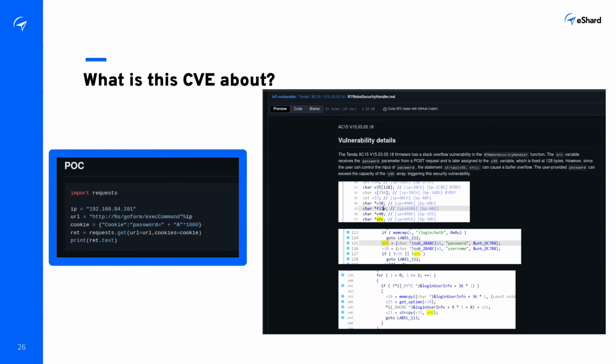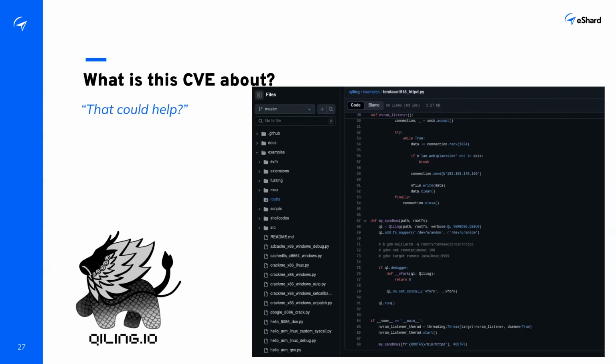So now that we know that, we also have a proof of concept to trigger that vulnerability. And fine enough for us, the person that asked us to look at the CVE told us maybe that can help. Qiling provides an emulation of that exact firmware, which is quite handy for us.